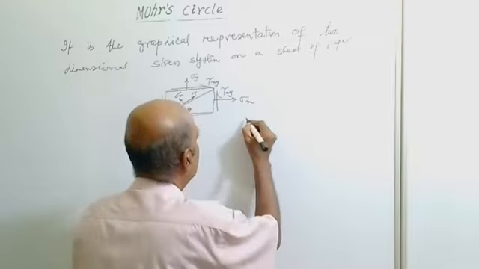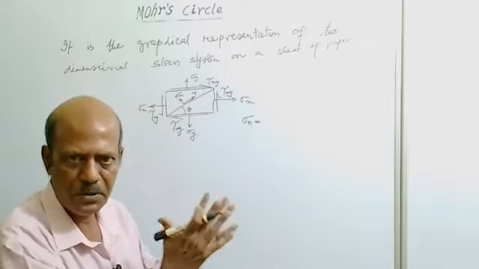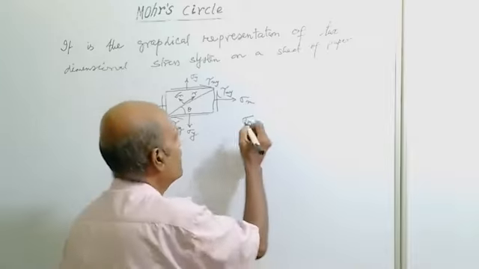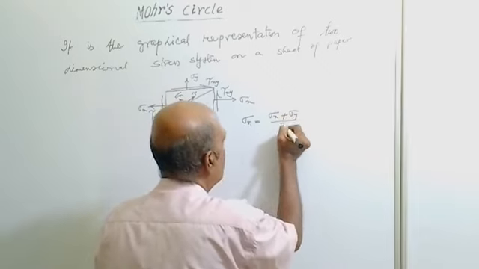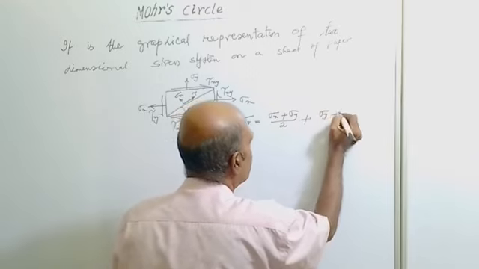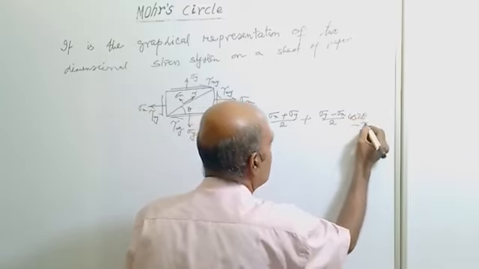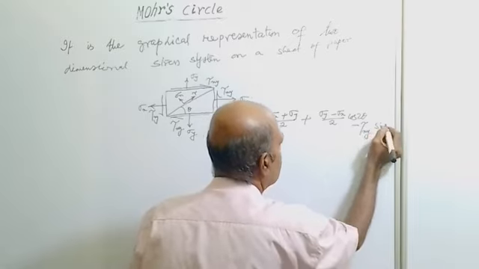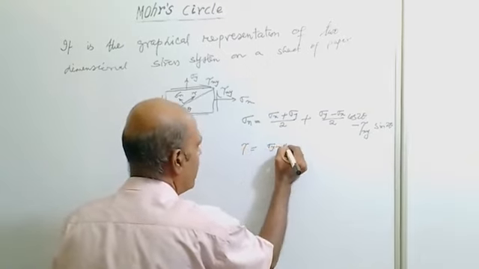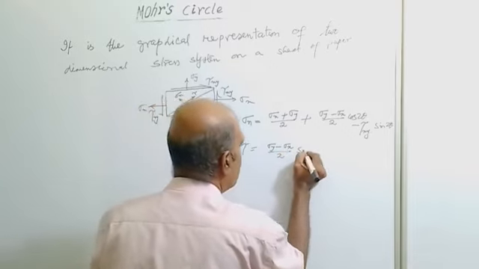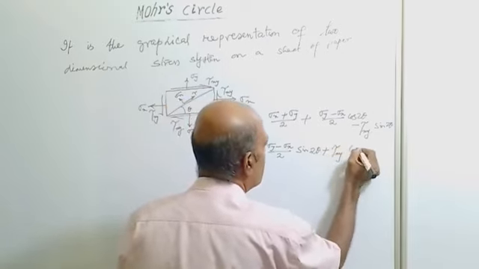We have seen in the last analysis that sigma n is equal to sigma x plus sigma y by 2 plus sigma y minus sigma x divided by 2 cos 2 theta minus tau xy sin 2 theta, and we have got tau value as sigma y minus sigma x by 2 sin 2 theta plus tau xy cos 2 theta.